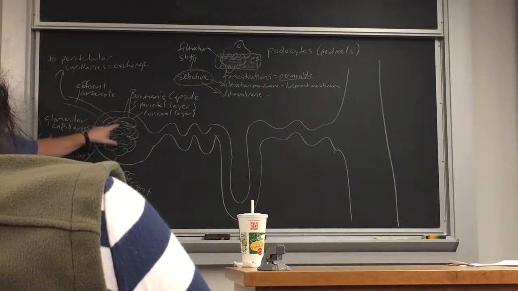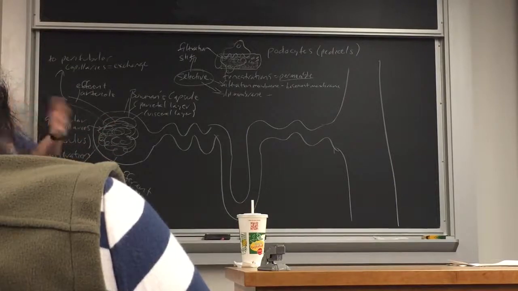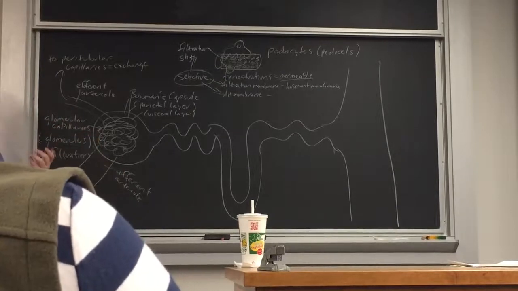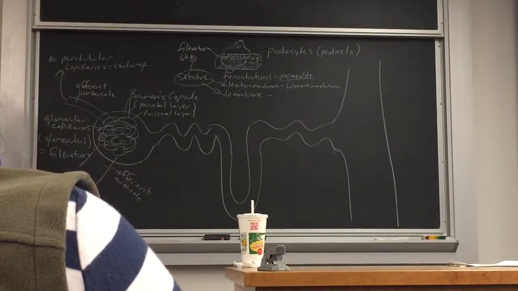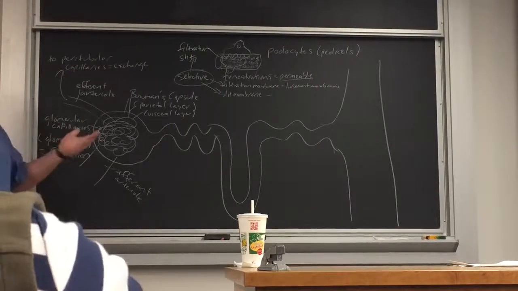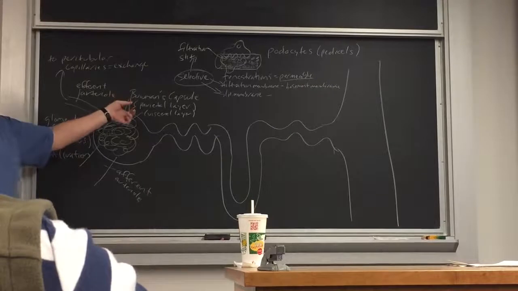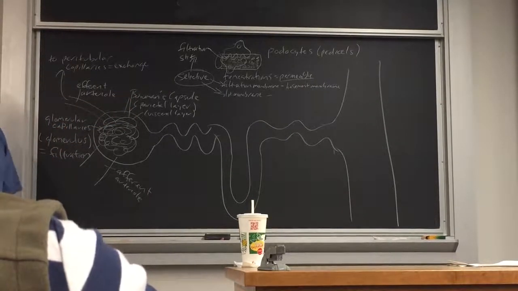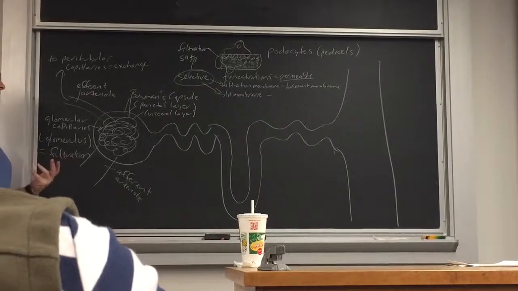If it was just straight, we'd have a very short time for filtration, but because it wraps back and forth, we have a huge amount of space, and that allows it to filter more. And the bottom line is, because of the way it's set up, we're very, very selective, yet we're also very, very permeable, and it works out great in terms of how our kidney works.